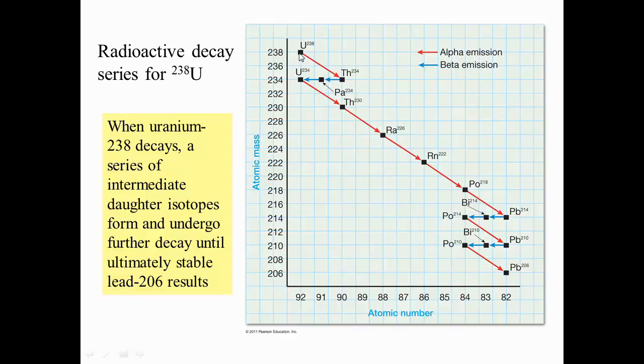Now, the first thing that happens to uranium-238 is that it undergoes alpha emission to become thorium-234. Notice that thorium has an atomic mass that's 4 fewer than the original uranium-238, and what's more, its atomic number decreased by 2.